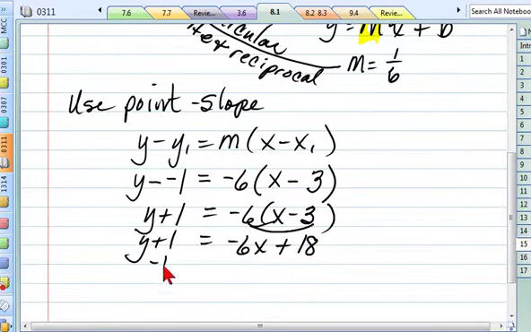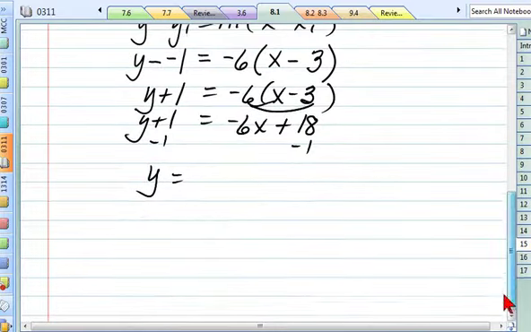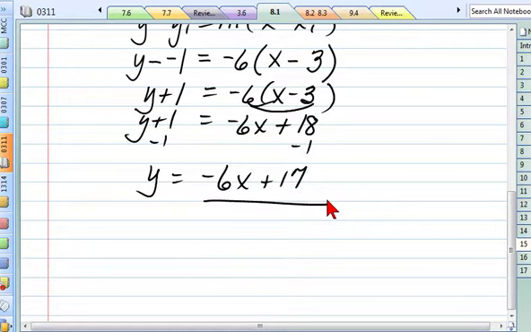Final step, subtract 1, and y is equal to -6x + 17. Positive 18 and a -1 gives me 17. Is that okay?